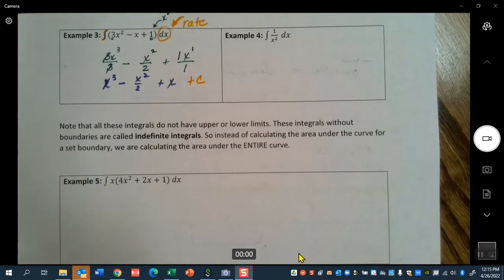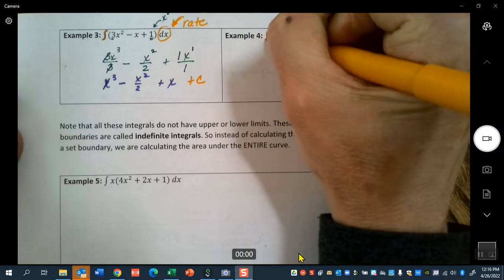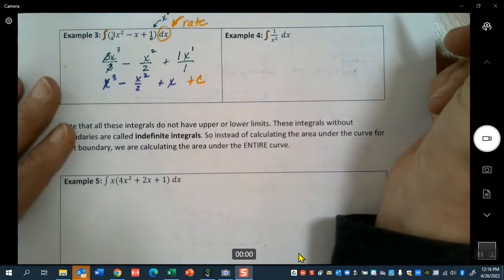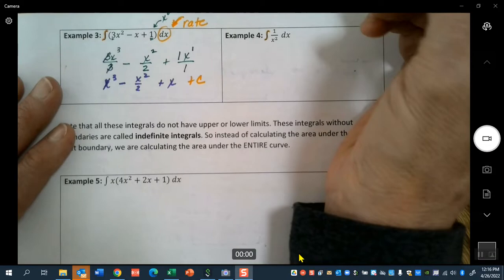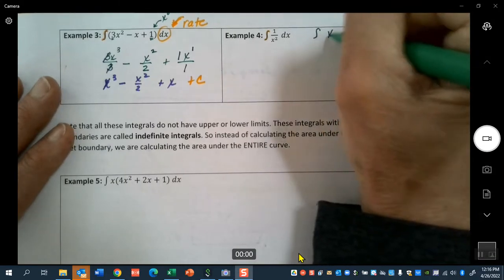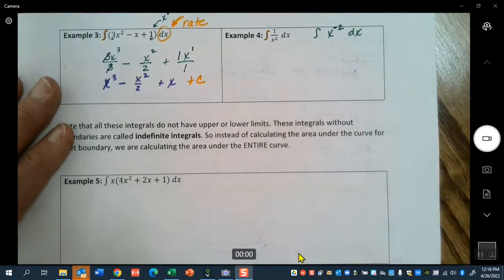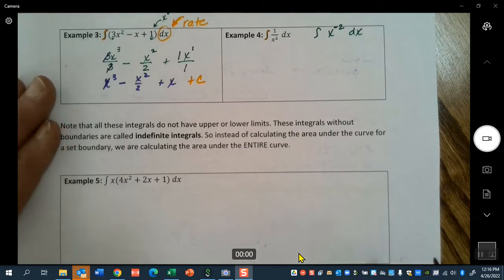All right, back again on the back. I wanted to make sure we added those plus c's. We are taking the integral, which means this is my rate, and I want to go back to my original function. So the interesting thing that we can do here, just like when we did for derivatives, is that if it's easier for you to rewrite this function like this, then that can help you manage the rules a little bit easier.